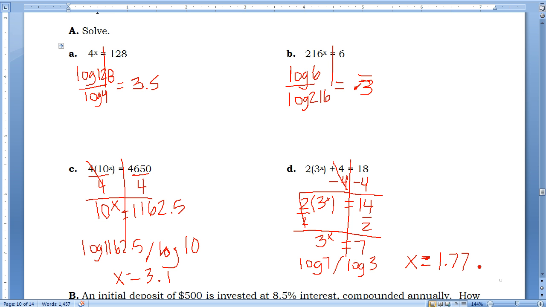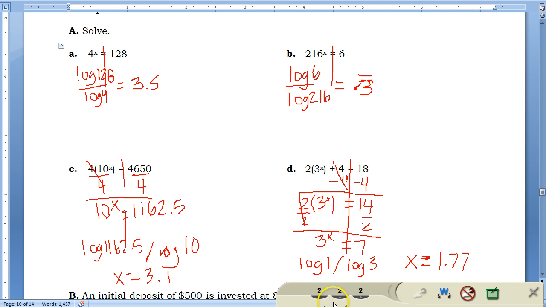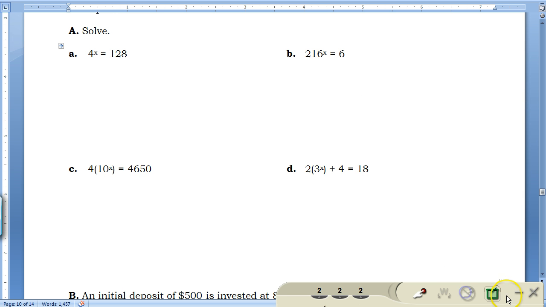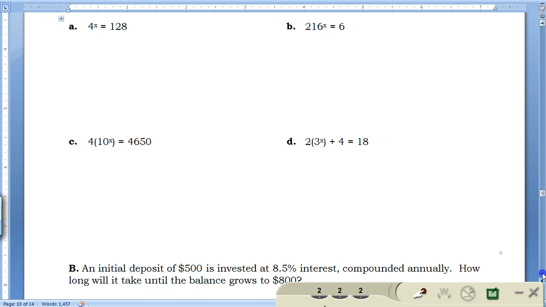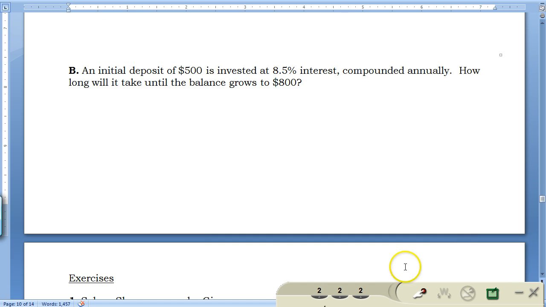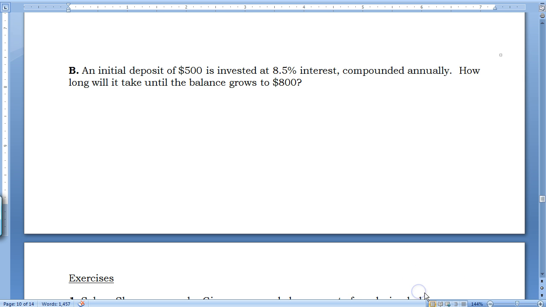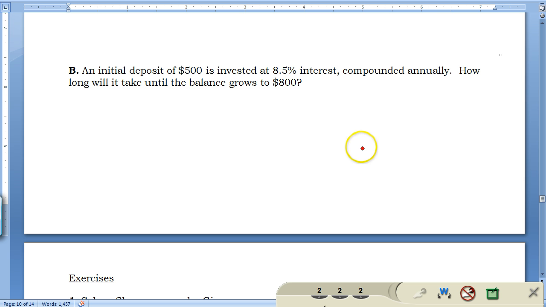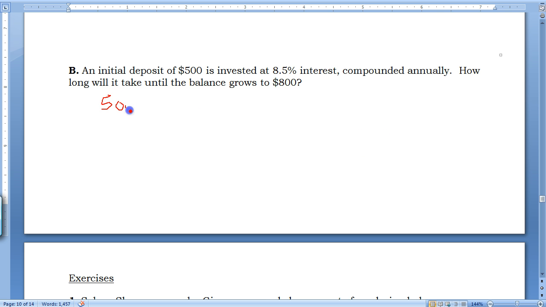Okay, I have a word problem, so I'll scroll down for that. That says an initial investment of $500 is invested at 8.5% interest, compounded annually. How long will it take for the balance to grow to $800? So I have my initial amount, 500, times 1.085, which is my rate.